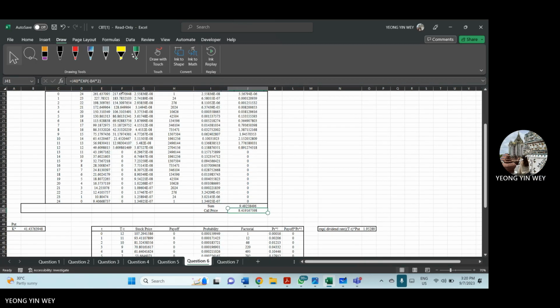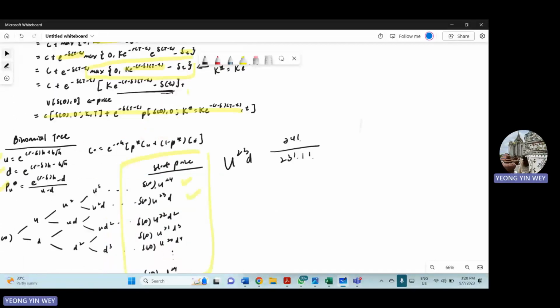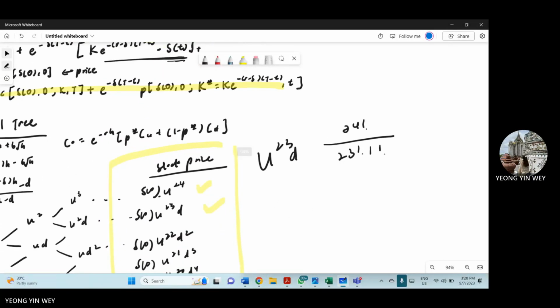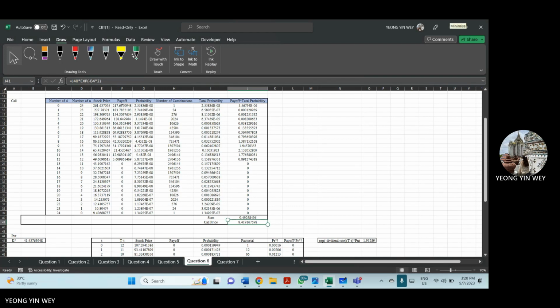Okay, after summing up everything, we will calculate the call price by using the summation times the exponential of negative R times 2, which is e to the minus RH. The 2 is because H equals 2 years, 24 periods, but 2 years.